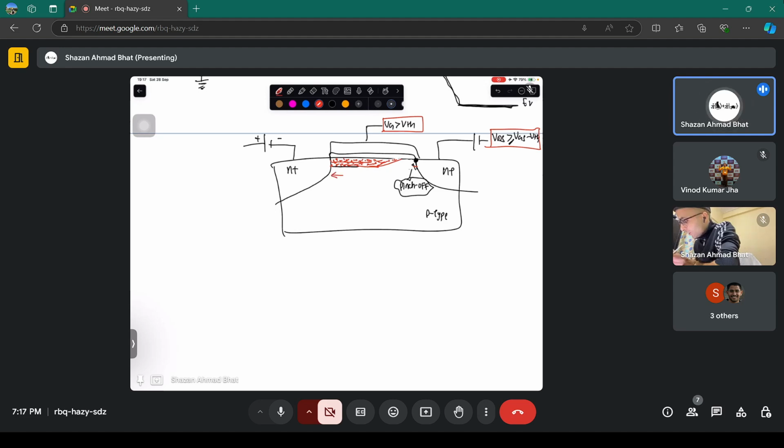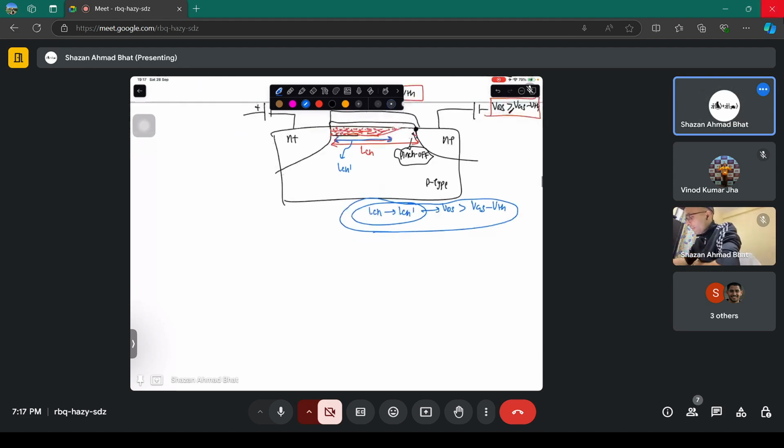Let's say this was the channel length earlier, LCH. Now this is the channel length, the blue one, LCH dash. That means you have reduced the channel length from LCH to LCH dash by applying VDS greater than VGS minus V threshold.